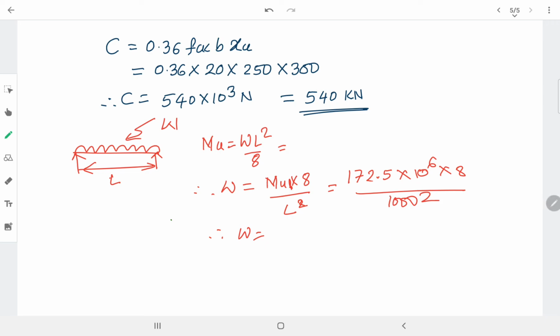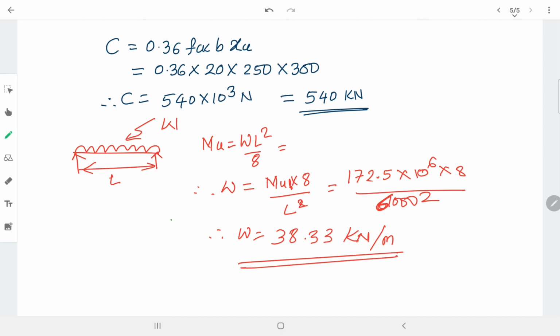The span is 6 meter, so 6000 into 6000. Here we are getting a different value, that is 38.33 kilonewton per meter. This is the UDL which is acting on the beam.